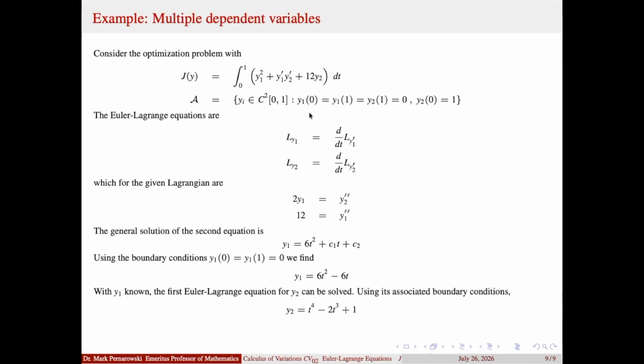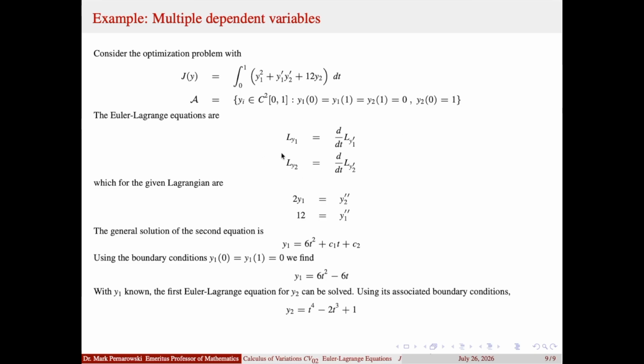And I'm going to define the set A to be, make sure that all of these yi's are C2 smooth functions that satisfy certain boundary conditions. A whole bunch of them are 0 on one or the other endpoint, and the only one that is non-zero is y2 of 0 is going to equal 1.